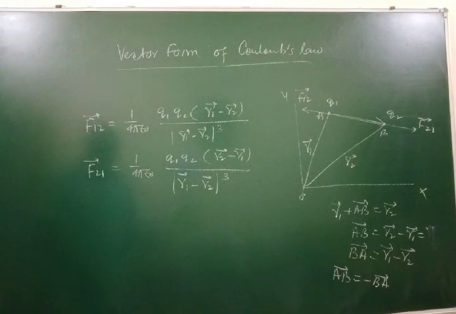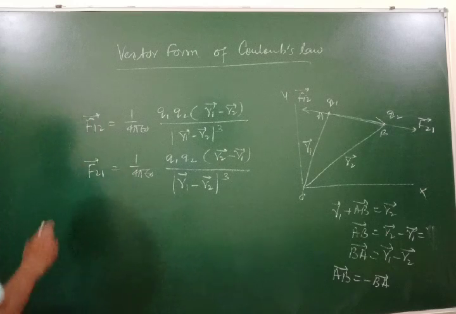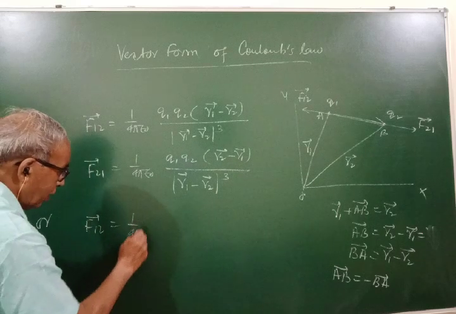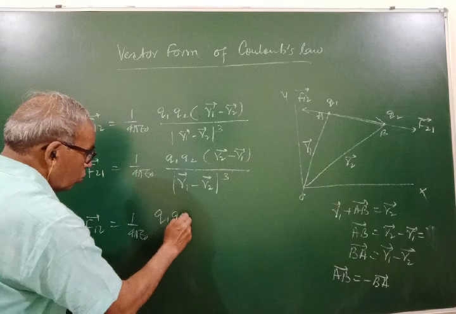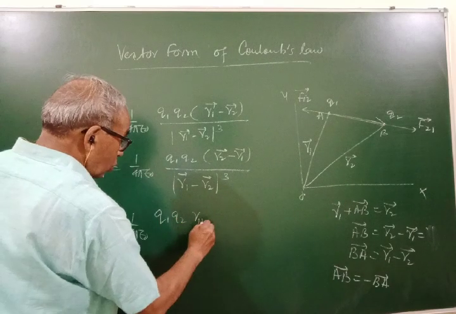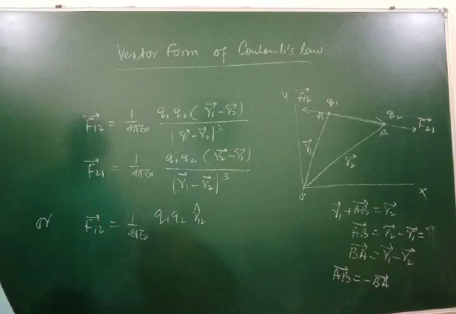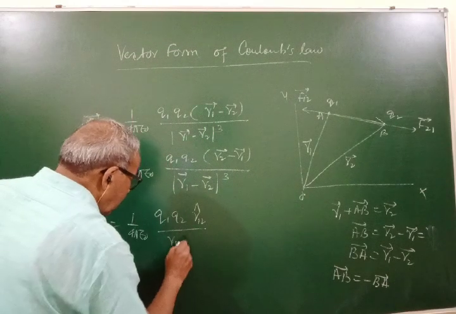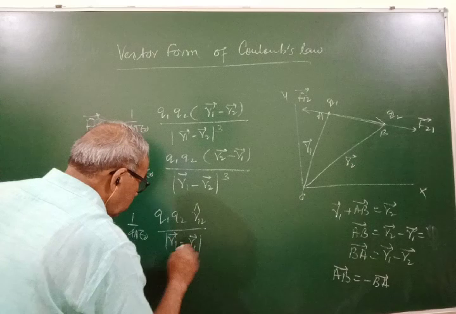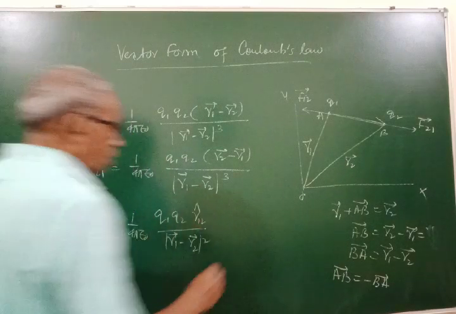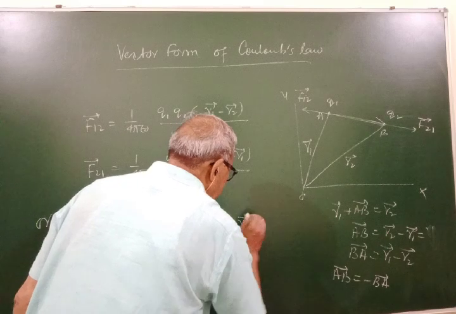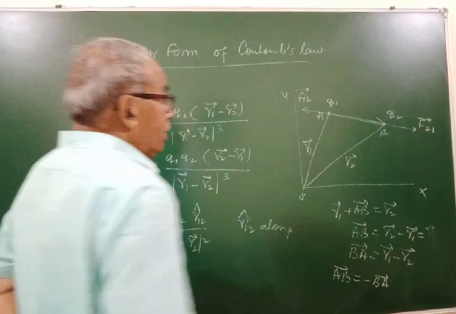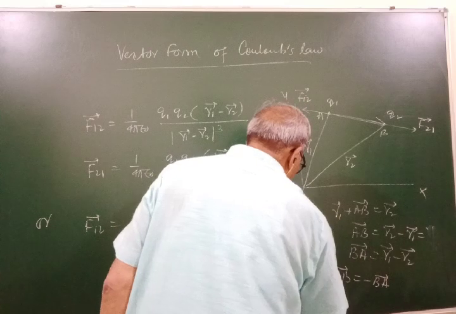In our NCERT book, they have written it as, or we can write F12 is equal to 1 upon 4 pi epsilon 0 q1 q2 r12 unit vector, whose direction is along r1 minus r2, upon modulus r1 minus r2 whole square, because this is dimensionless. r12 is unit vector along r1 minus r2.